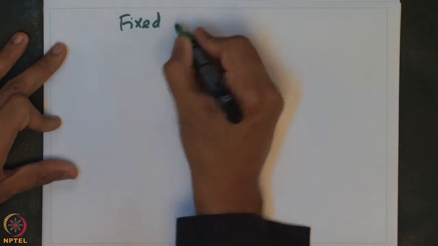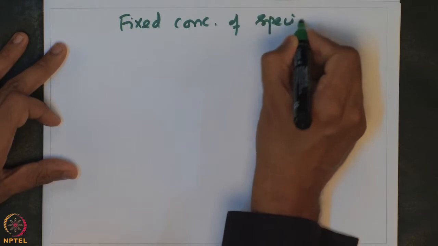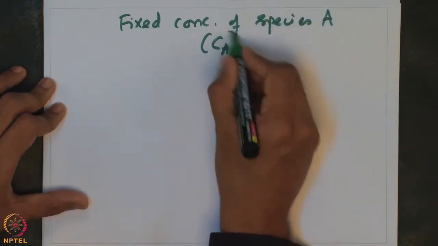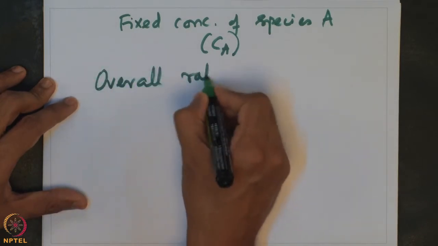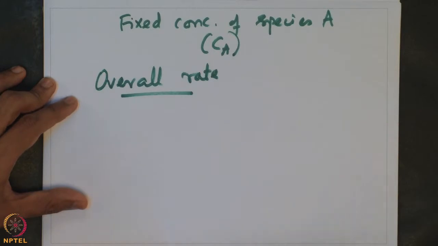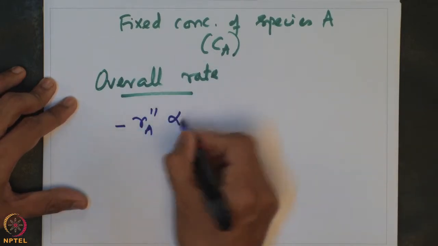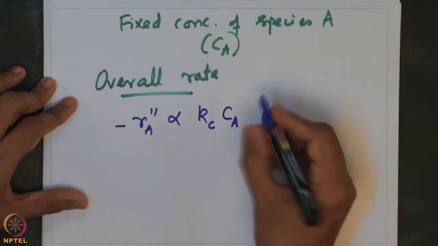Suppose for a fixed concentration of, let us say, species A which is undergoing reaction, let us say that the fixed concentration is some Ca, then the overall rate is going to be proportional to the mass transport coefficient times the concentration of the species.